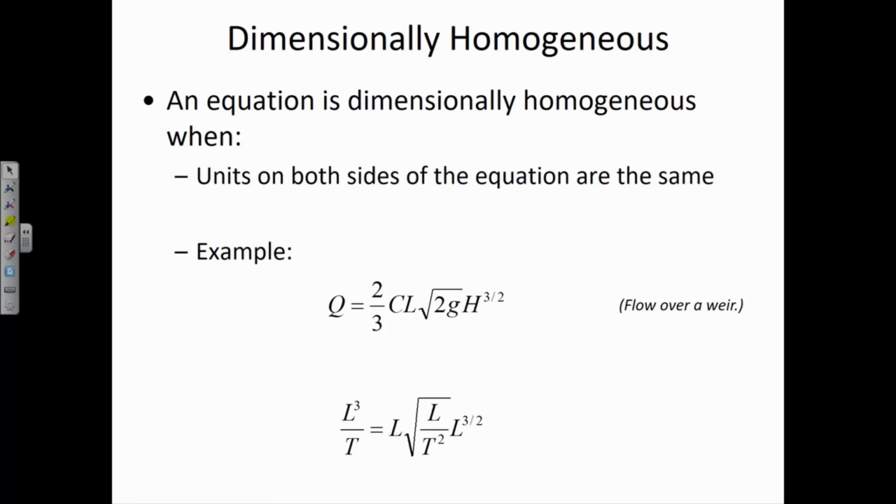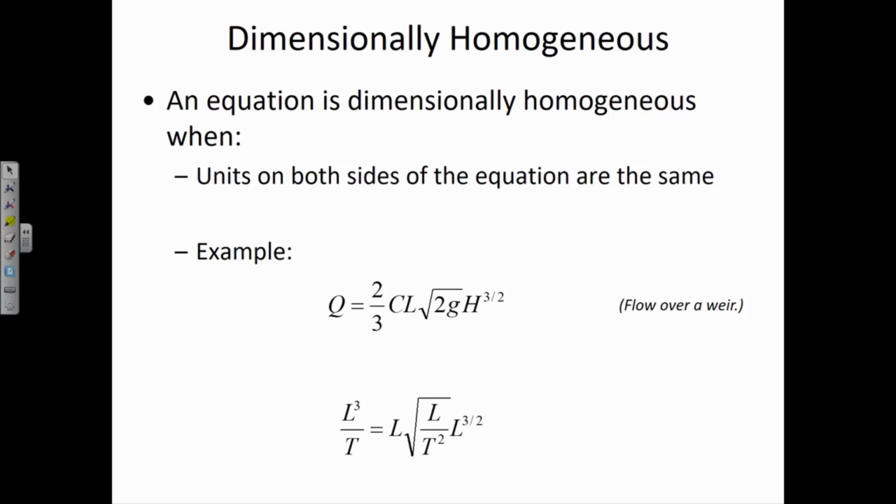A weir would be like a barrier that water's flowing over the edge of. What that equation says is that if you have some energy loss parameter C, which is the fraction of energy that's lost, and the length of the weir, and you know the height of the water above the weir's surface, then you can calculate the flow rate.